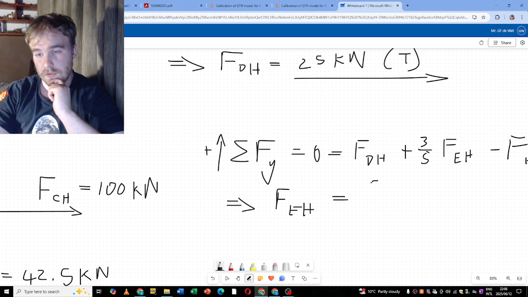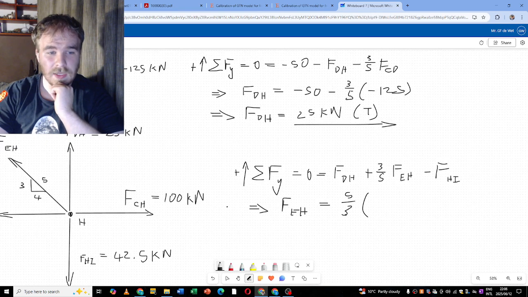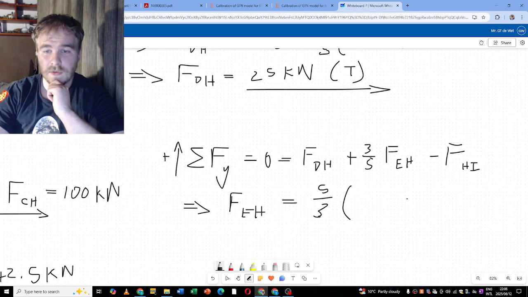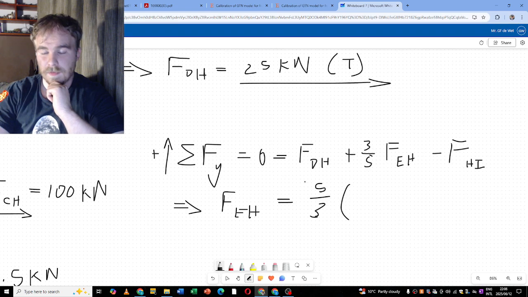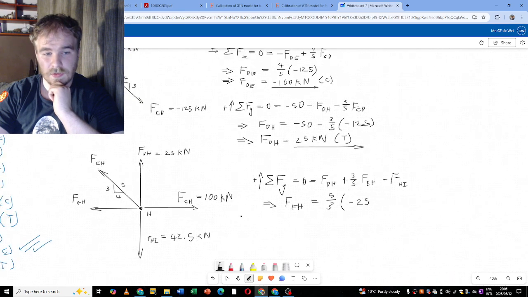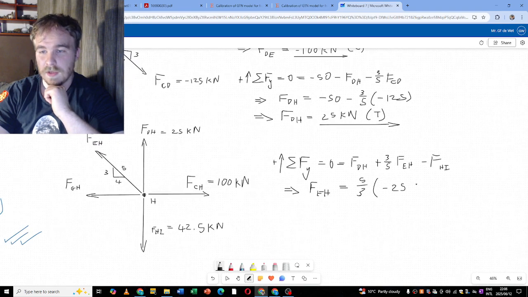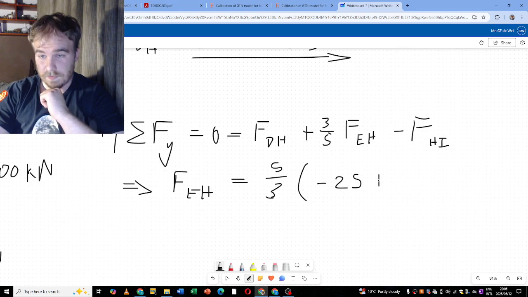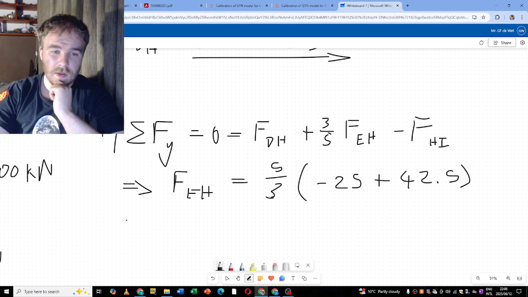And then it's equal to times 5 over 3 times the two forces that are in here. FDH is 25, but it is moved to this side, so it's negative 25. This one is now positive, so we're going to just write the value, plus 42.5. And then I am moving on.